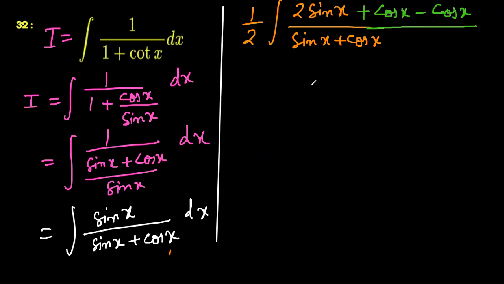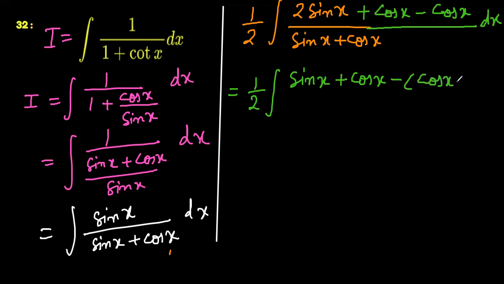Now this can be written as, dx was there, let it be, 1 over 2 as it is, integration of sin x plus cos x as it is, and as we said, we want to write the derivative of this function, which is cos x minus sin x. So if I write it this way, minus (cos x minus sin x).